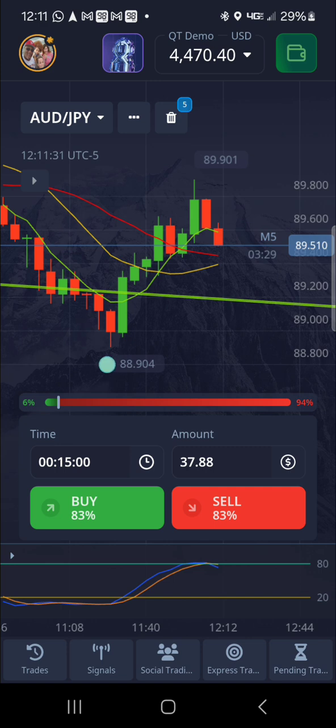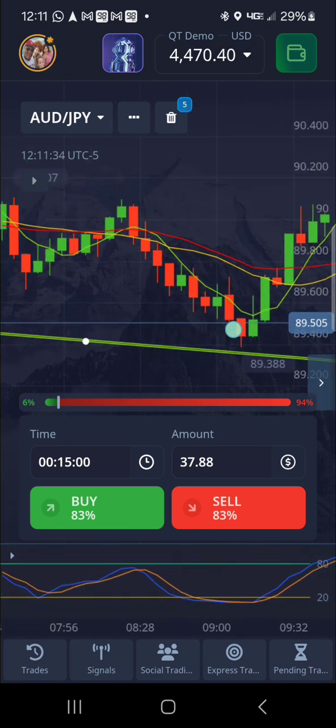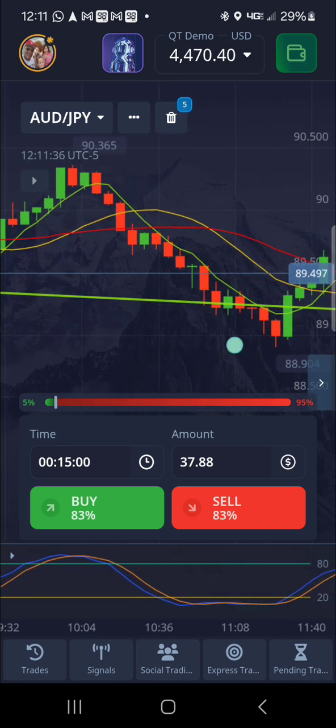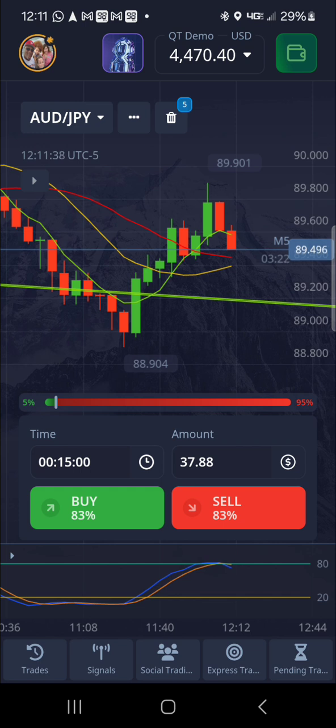It's above the line by a lot, but it went down. I did a 15-minute trade. I think I did a 15-minute trade about this area right here.